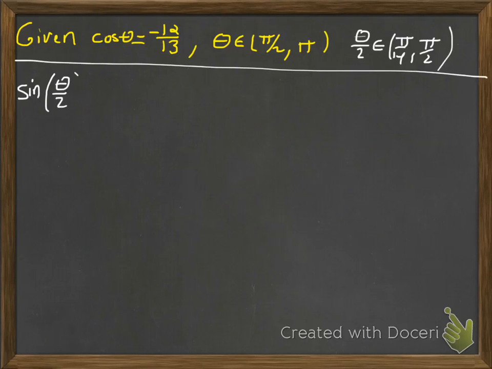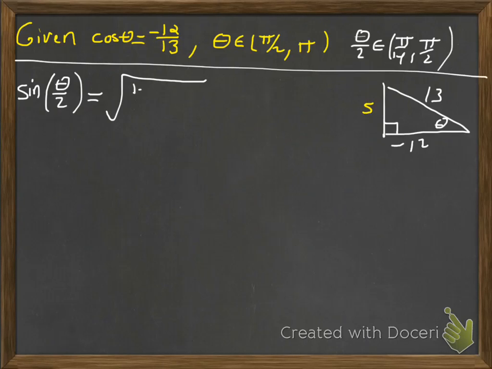Alright, so sine of theta over 2. I'm going to go ahead and draw my reference triangle. Again, the reference triangle lives in quadrant 2, and it's a 5, 12, 13 Pythagorean triple. So 13 squared is 169, 12 squared is 144, so 169 minus 144 will be 25, and that'll give us that other side of being 5. Alright, so the sine of theta over 2 is going to be 1 minus cosine of theta over 2, all under the square root.